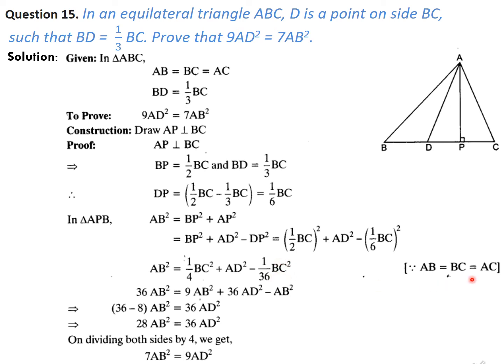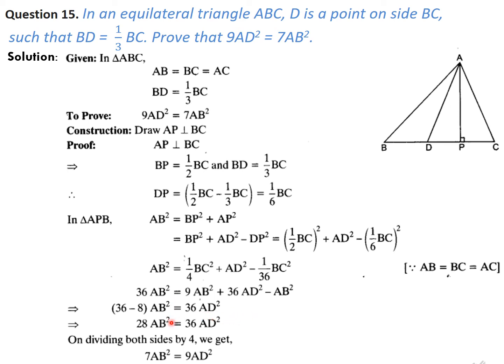Now BC is again equal to AB, therefore we have written here AB. Let's take all the ABs on the left hand side. So we are getting 36 minus 8 AB square is equal to 36 AD square.